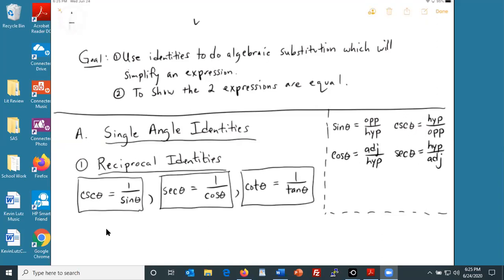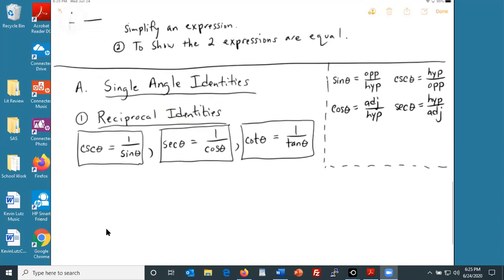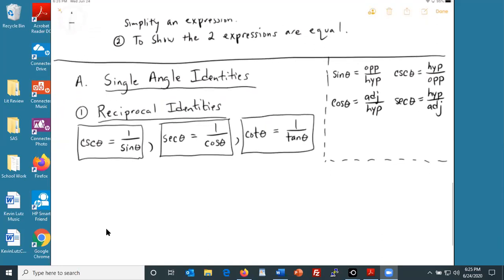That looks a little neater. So those are the 3 reciprocal identities. All right, and the second type of identities are kind of similar to these. Then we're going to do some examples where we use these to simplify and do all that fun algebra stuff. So if you like algebra, you're going to love this lesson tonight. There's a lot of great algebra.